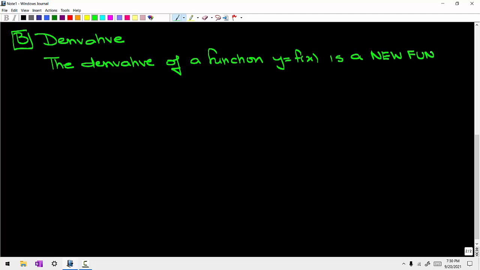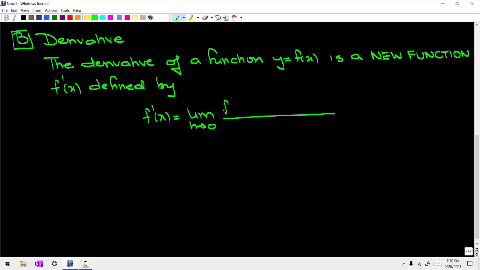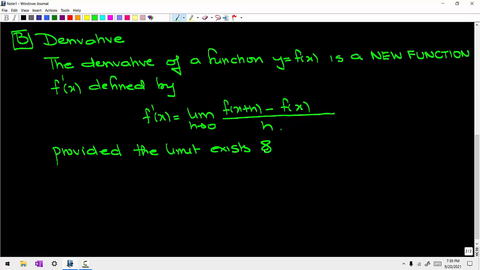So we end up with another function when we take the derivative: f prime of x, defined by f prime of x is equal to the limit as h goes to 0 of f of x plus h minus f of x divided by h, provided the limit exists and is finite. That means it cannot be infinite.